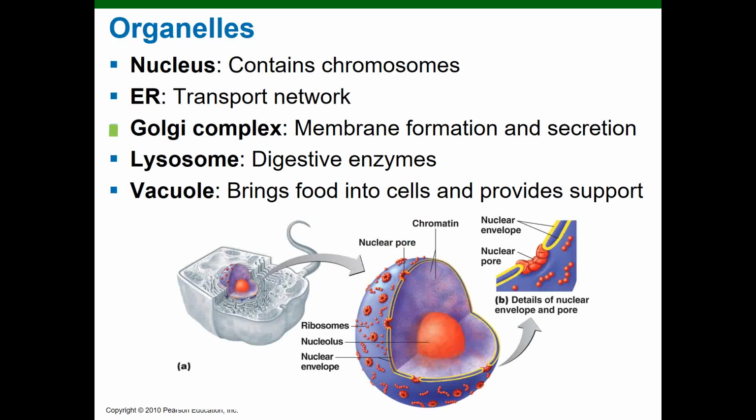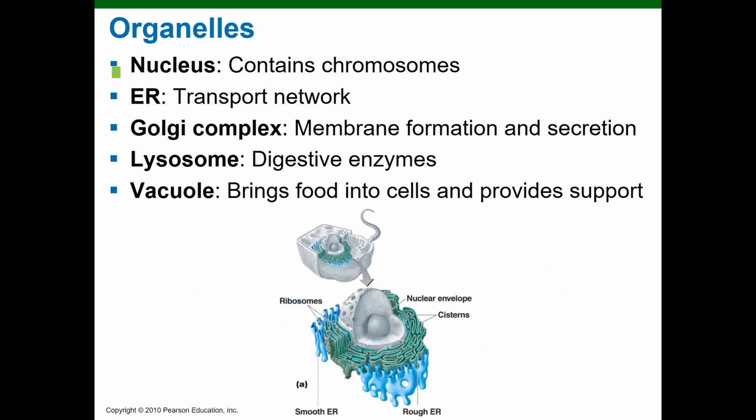Organelles that I'm not going to go through in detail, but in a eukaryotic cell we have the nucleus. That's what gives it its name, eukaryotic, or true nucleus, and it has a nuclear envelope surrounded by nuclear pores. It has an endoplasmic reticulum network. We have smooth and rough varieties. Rough usually is surrounded by ribosomes. The smooth ER is involved in things like cholesterol synthesis and stores various materials for the cell.